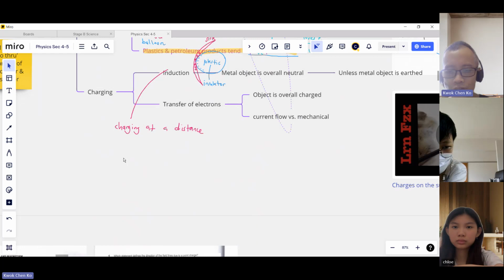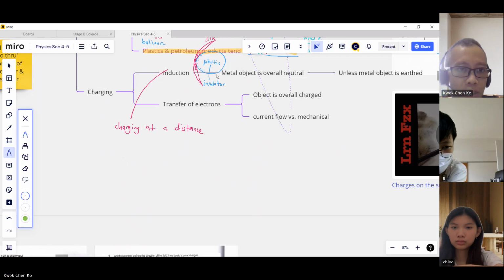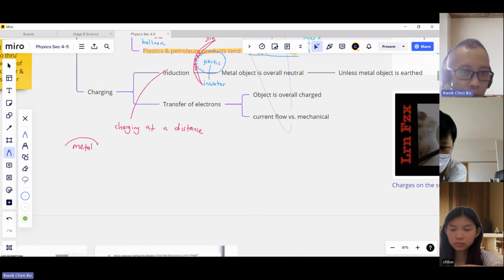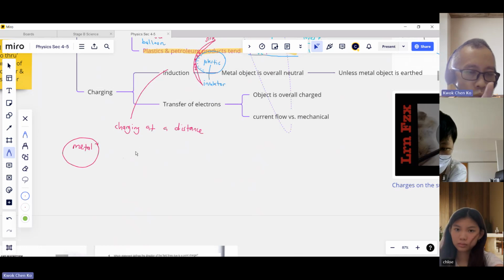I have a conductor. For you guys, obviously metals are conductors, so make sure you are very sensitive to this word. So if I have a metal ball, there are two ways to charge it.